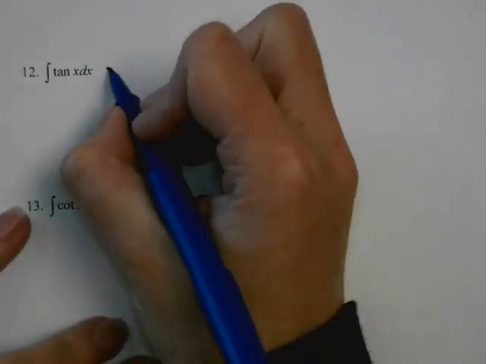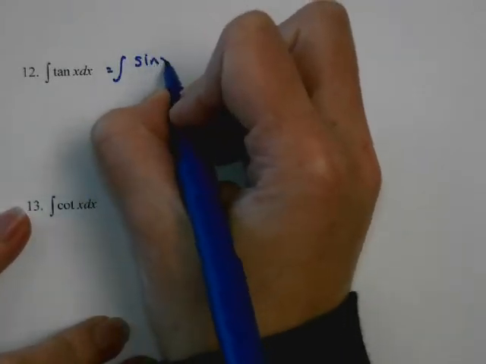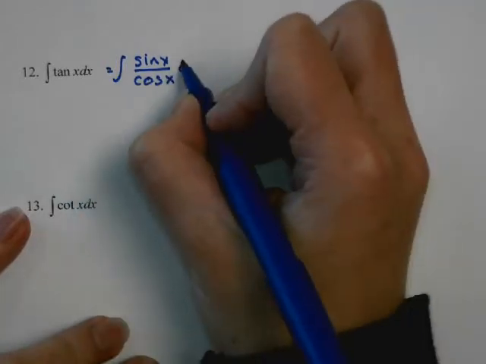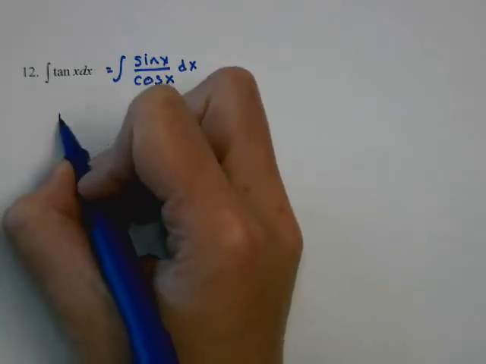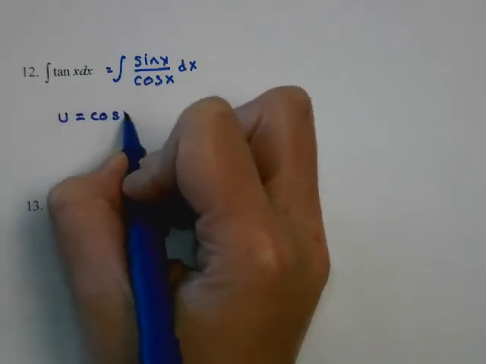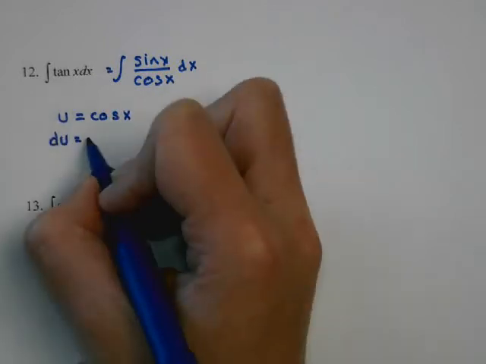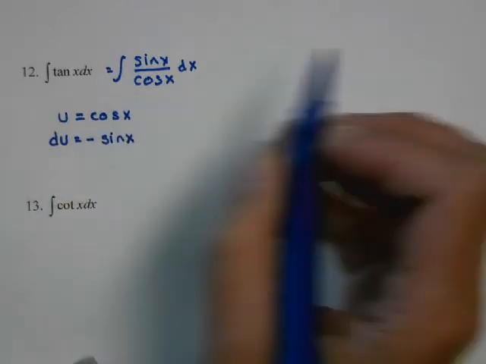So tangent, we're going to rewrite this as sine x over cosine of x. Okay, we're going to let u equal cosine of x, which means du is going to be negative sine of x.